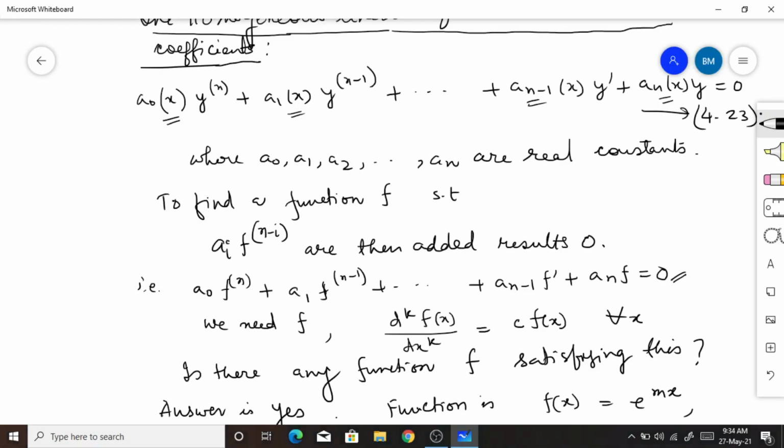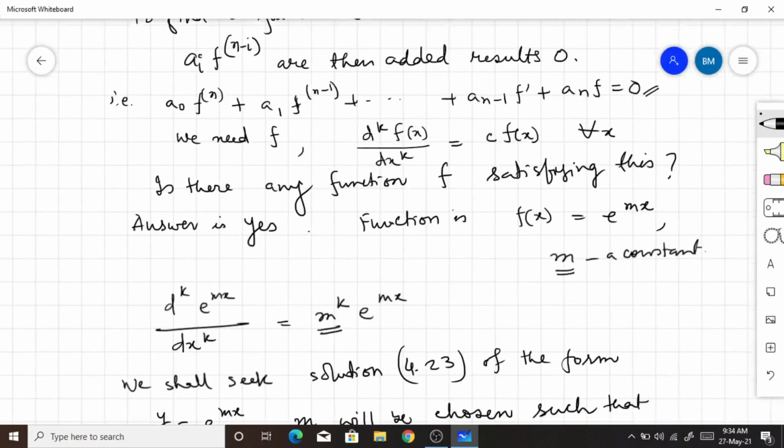In the second term, we have y^(n-1), the (n-1)th order derivative of y, but in the auxiliary equation, we have m power n minus 1. And in the last term on the left hand side of equation 4.23, we have an y, but in the auxiliary equation, we have simply an.